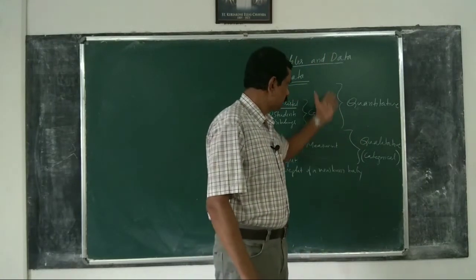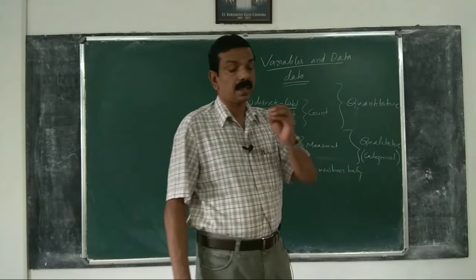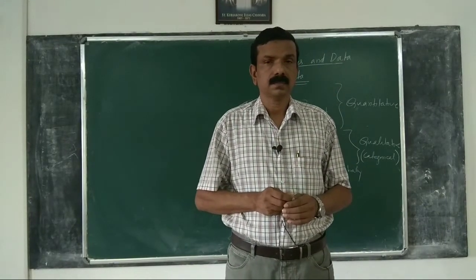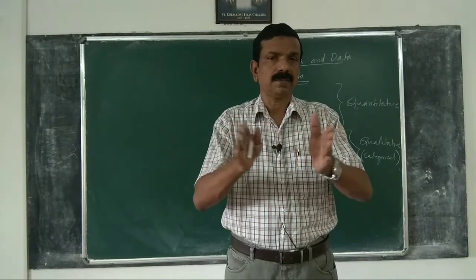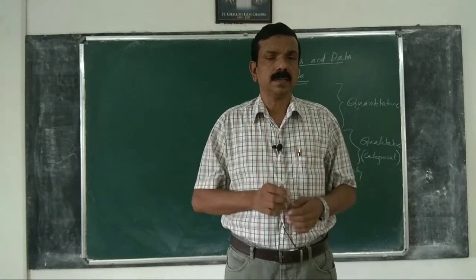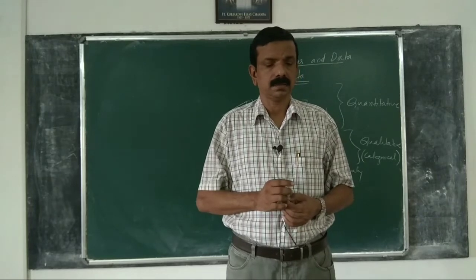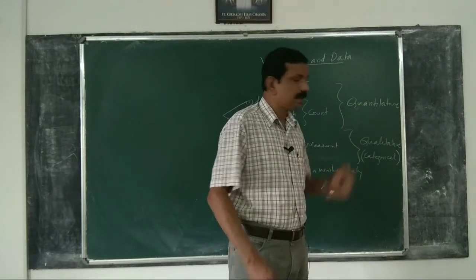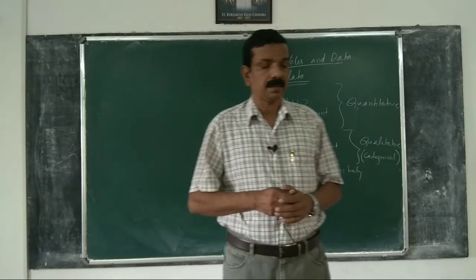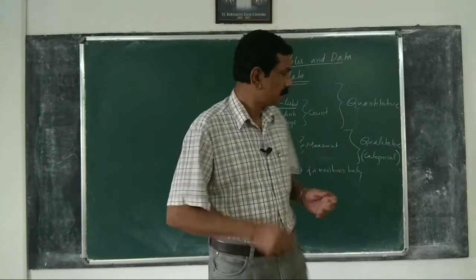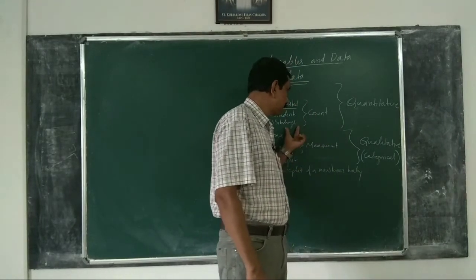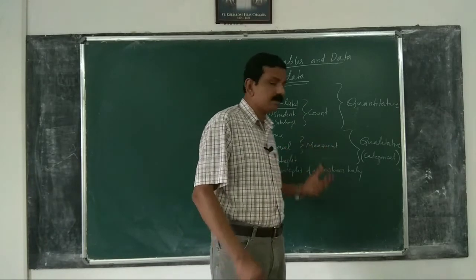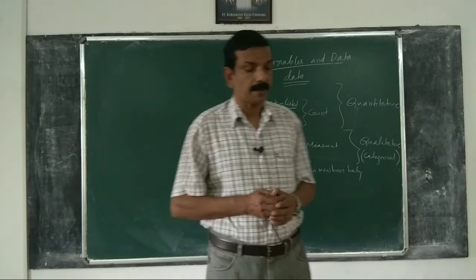Now, like variables, data can also be classified. The value of a qualitative variable is qualitative data, the data of a quantitative variable is quantitative data, the data of a discrete variable is discrete data, and the value of a continuous variable is continuous data.